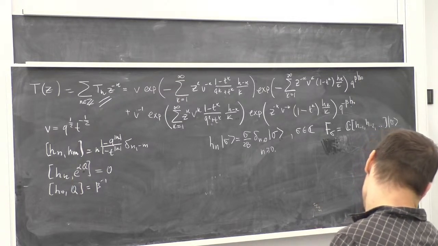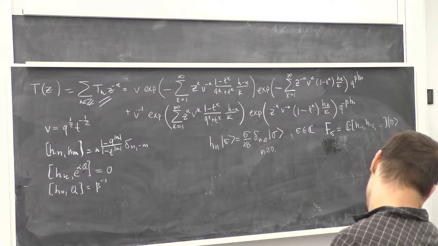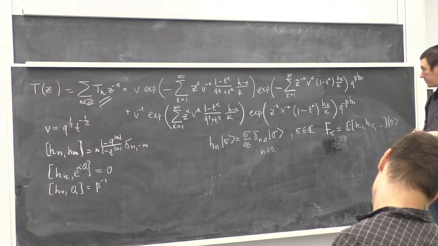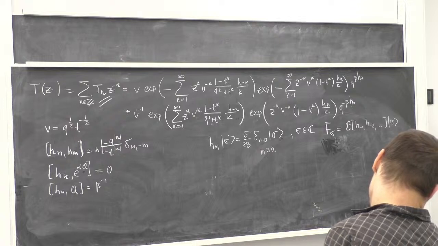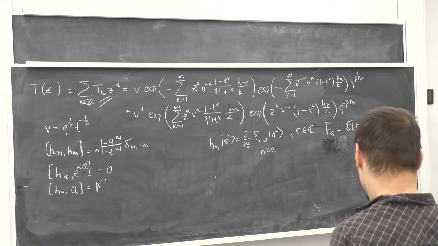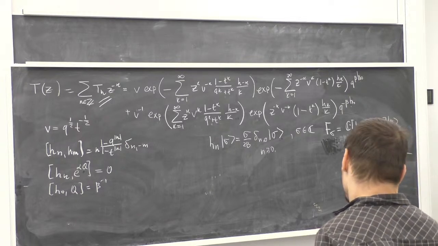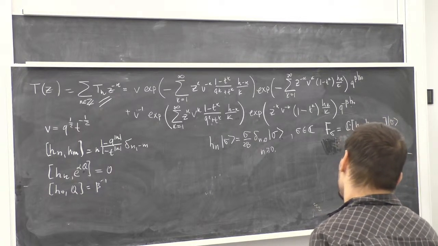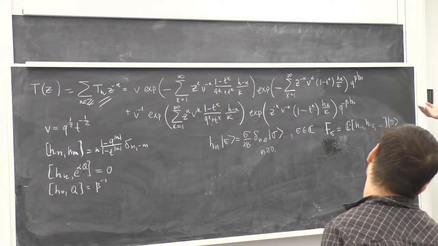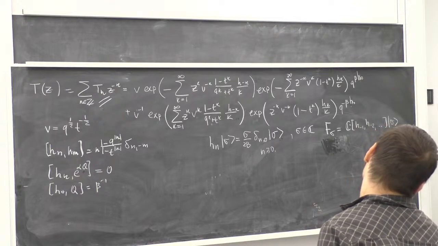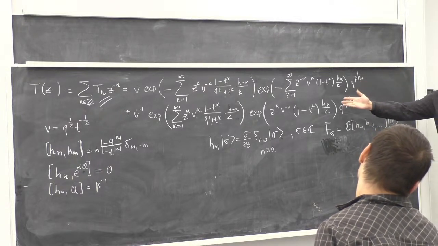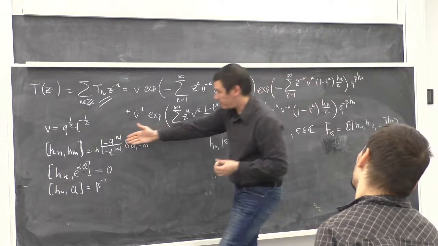Simply, e to the power of positive a is a shift operation, so you can write it in a different way. E to the power of positive h, with positive index, is differentiation with respect to the variables which are h with negative index. It's just a shift of the order, the same computation.